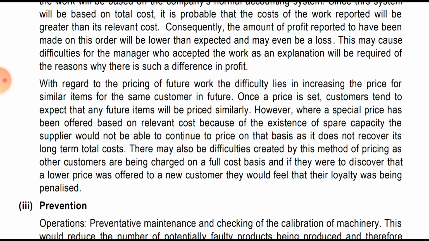If we are selling to the new customer at a lower price, and the earlier customer gets to know that we are supplying the new one at a lower price, the loyalty of the existing, that is the old customers, will be affected and they will basically be penalized.